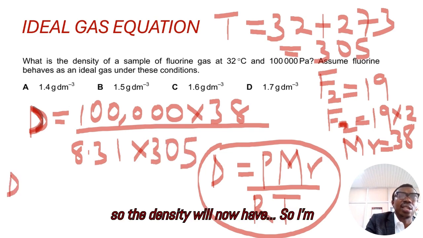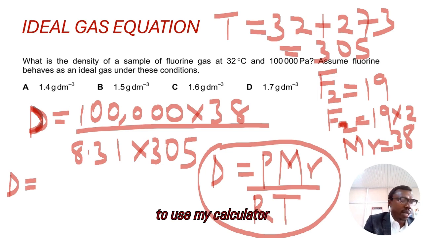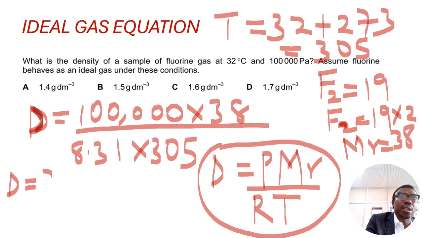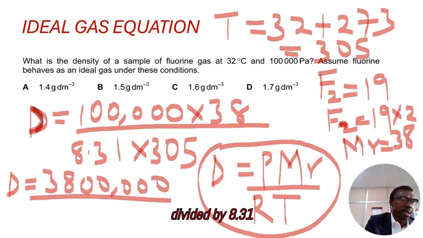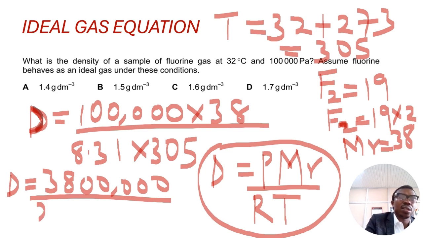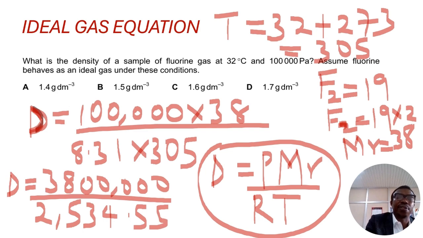So the density will now be, I'm going to use my calculator, 38,000 divided by 8.31 times 305. 8.31 times 305 is 2534.55.